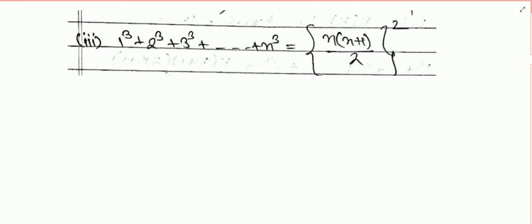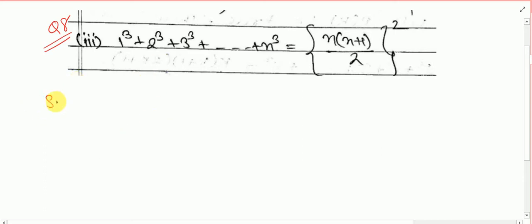Now let us see question number 3. Question 8, sub question 3. So using principle of mathematical induction, we have to show that this statement is true. So solution, let P(n), means we are considering this statement as P(n).